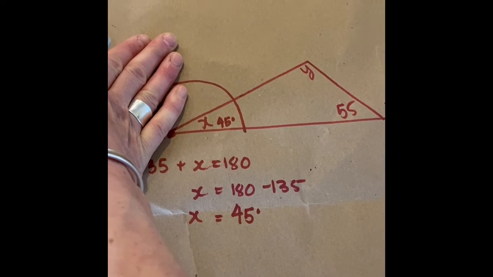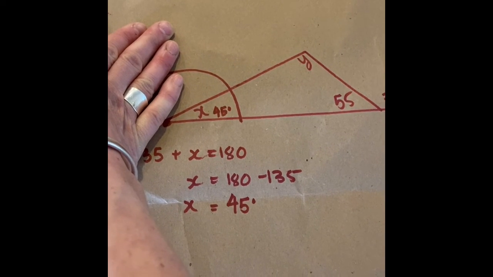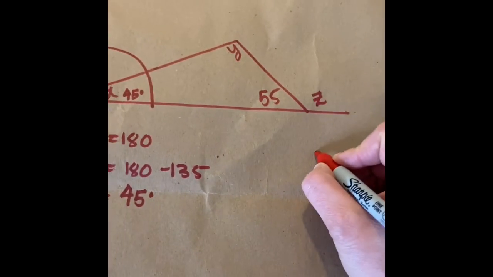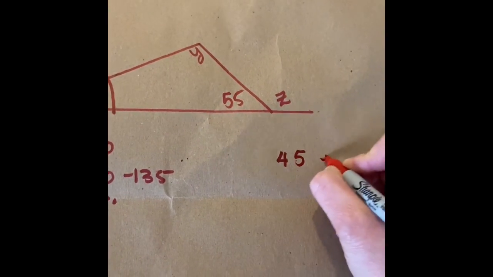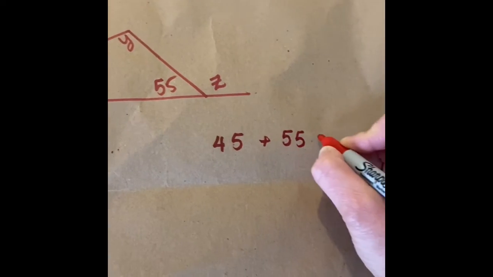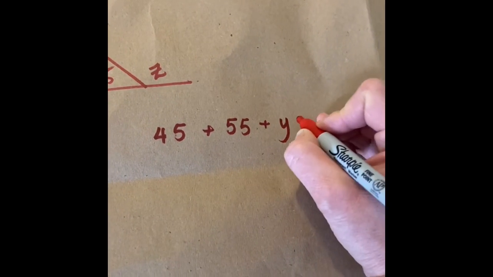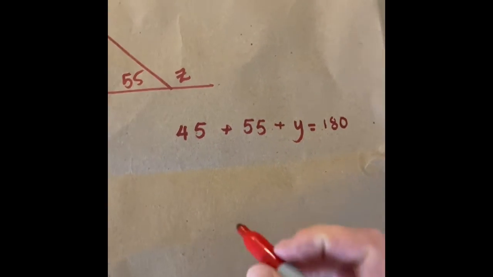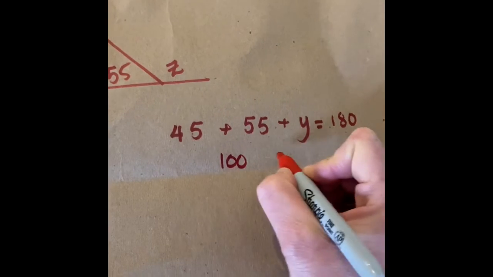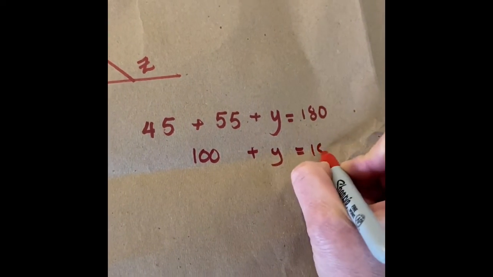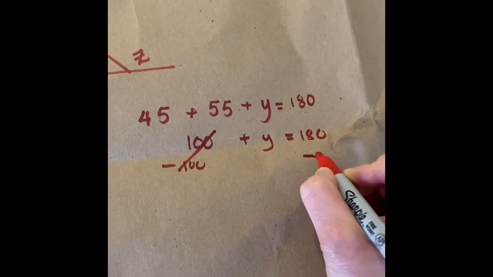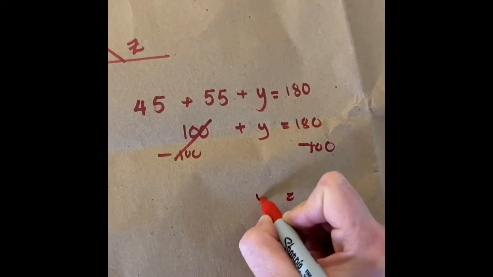So those 3 angles on the inside must add up to 180, because that's the rule about triangles. 45 plus 55 plus y is equal to 180. 45 plus 55 gives you 100, plus y is equal to 180. We're going to balance my equation, subtract 100, they cancel, subtract 100. Y is equal to 80 degrees.